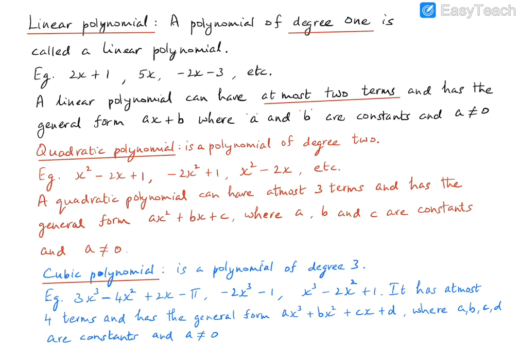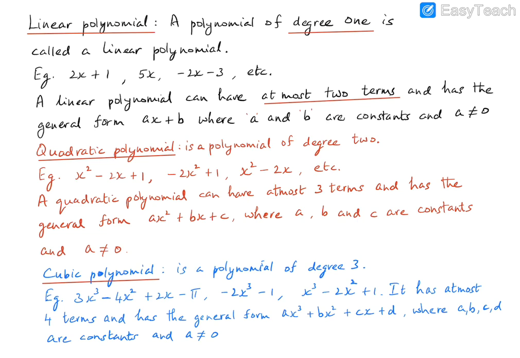So the general form of a linear polynomial is ax plus b, where a and b are some constants and the parameter a is not equal to 0. If a becomes 0, then the x term itself will disappear and we will be left only with the constant term, which has a power of 0. But we want the polynomial to be of degree 1. If a becomes 0, the degree 1 term will completely disappear and the degree of the polynomial will go below 1.